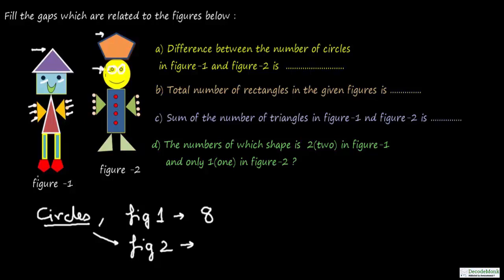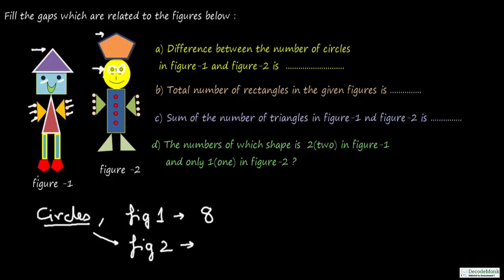The face is also circular. It may happen that you count the eyes but forget about the circular face. So you have to be a very good observer and very keen in observing shapes in such type of question. You may miss one or two, and the whole answer will be wrong. Anyway, two eyes and one face, so three circles.